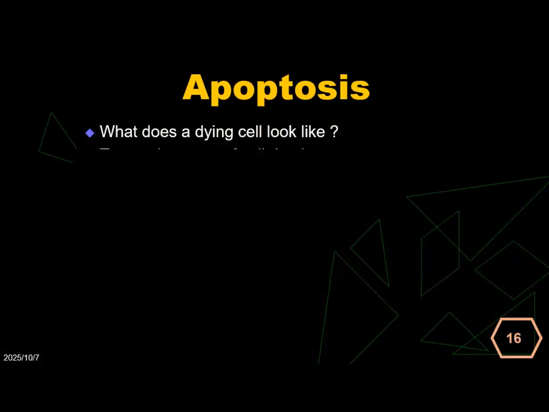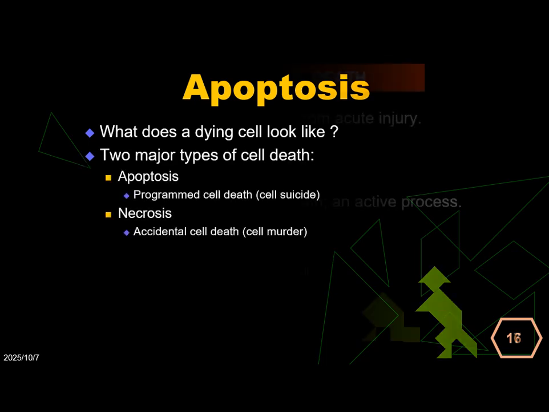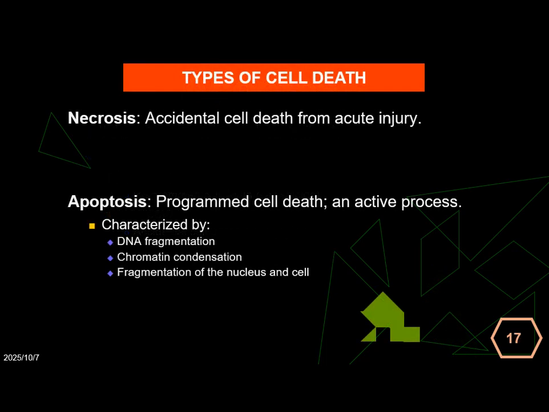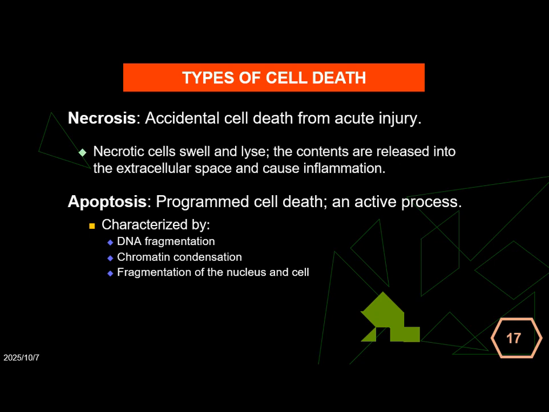So in apoptosis, what does a cell look like? They look different, right? The major characteristics of apoptosis are DNA fragmentation, chromatin condensation, and fragmentation of the nucleus and cell membrane. For necrosis, all the contents inside the cell will burst out. So you will see cells swell and then burst.